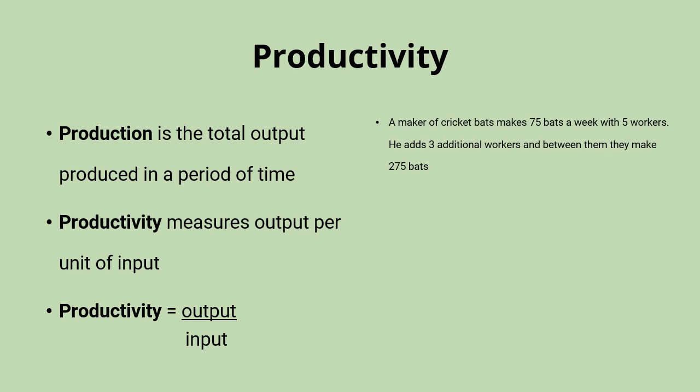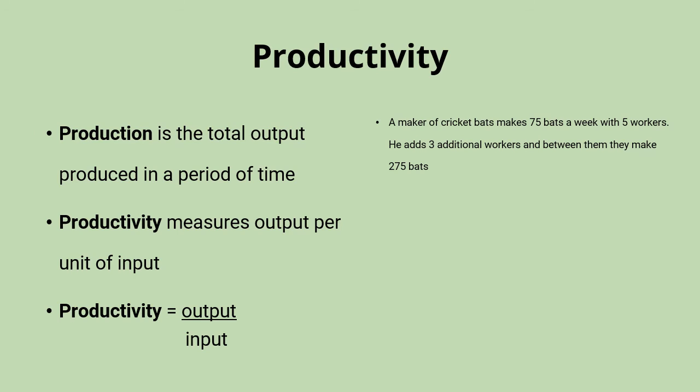That's perhaps more easily explained using an example. Imagine a maker of cricket bats who makes 75 bats a week with 5 workers. Then they add an additional 3 workers, and between them they're able to make 275 bats. So what's the production before and after, and what's the productivity before and after?